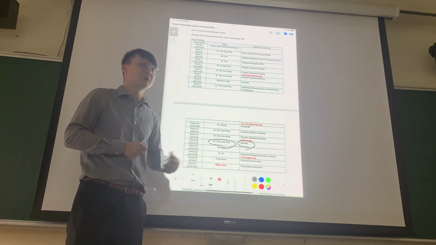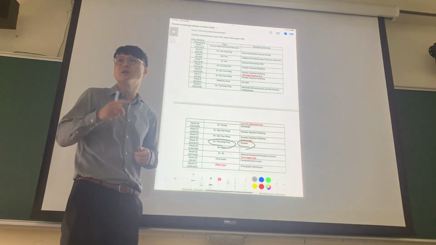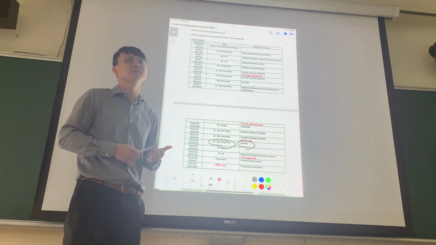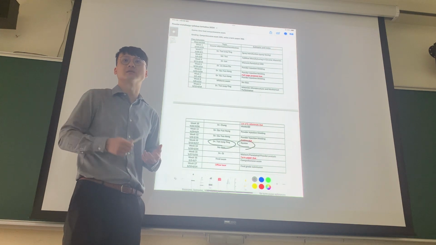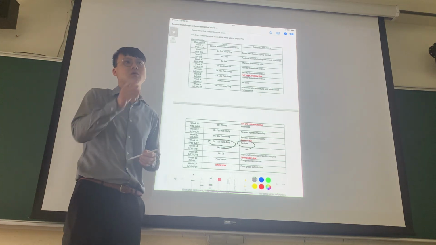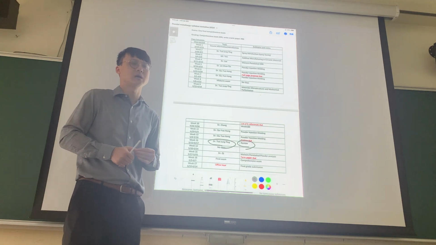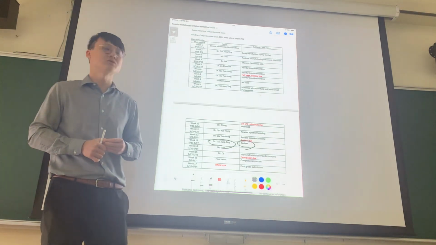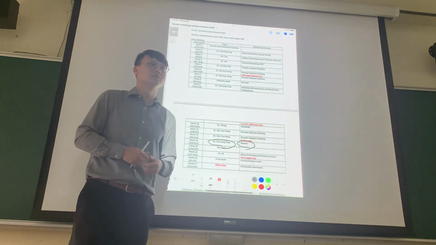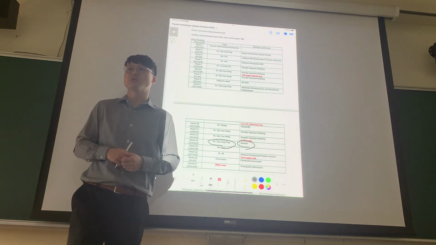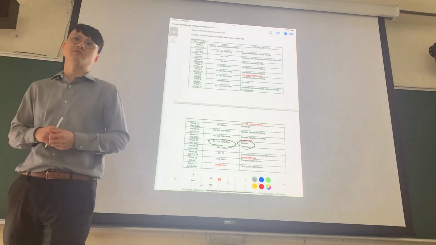For the term paper, one thing I noticed from those of you who submitted the outline is a constant kind of mistake: being consistent. Make sure you are very consistent in everything you write, and make sure you follow the template.